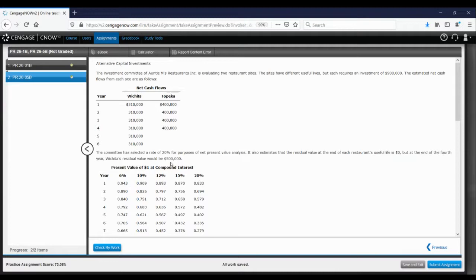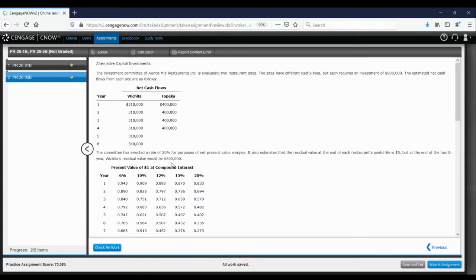So in this situation, we are expecting that we could sell the asset for the scrap value of $500,000, and that would give us some extra cash associated with the Wichita company.